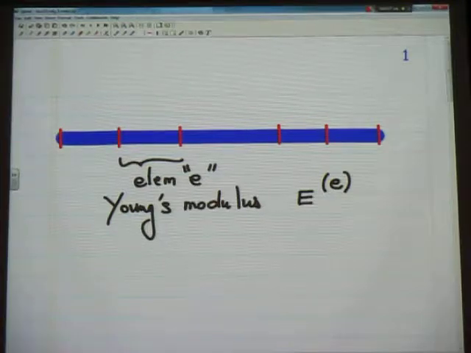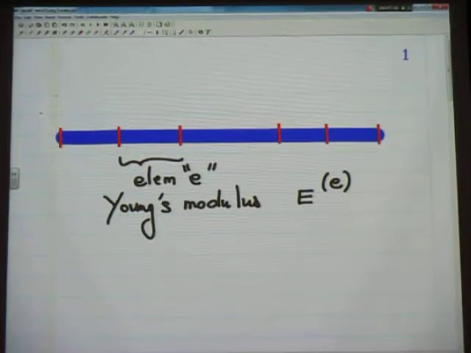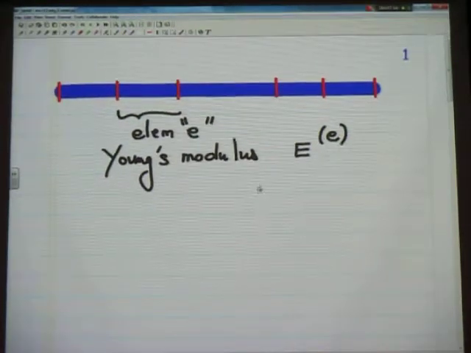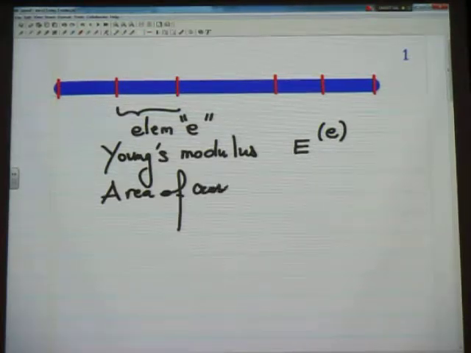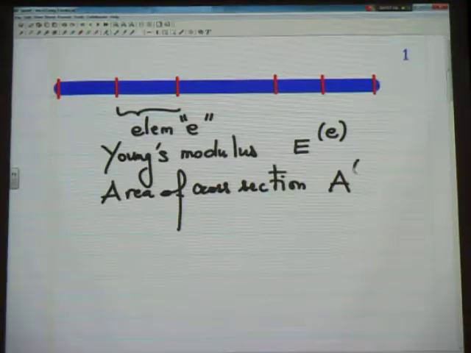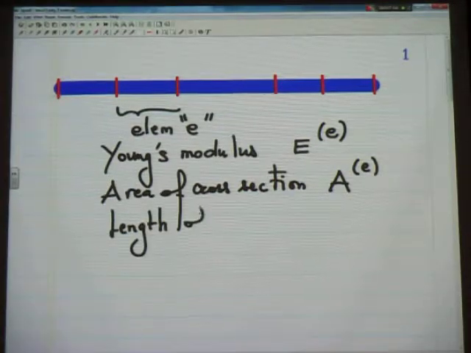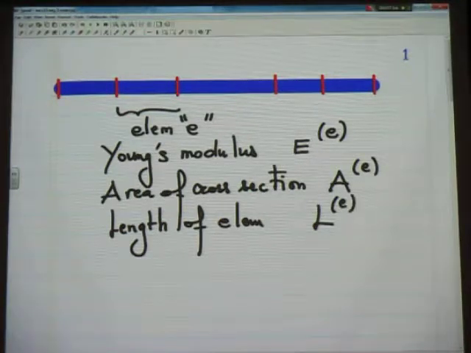So the superscript E in parentheses just means that this Young's modulus is part of element E. Okay, and then you have the area of the cross section, that's A, E, and the length of the element, denoted by capital L, E. Okay, so the length can be represented here.